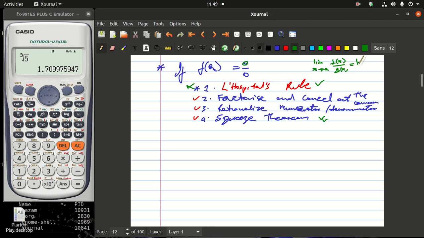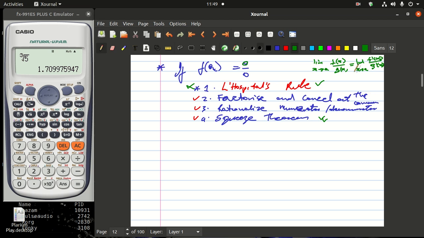This is the same as the limit as x approaches a of the derivative of f of x with respect to x divided by the derivative of g of x. Take the derivative of this with respect to x and divide by the derivative of this with respect to x, and then you take the limit. This should solve the problem, or it should cancel out the part that needed to be cancelled in the first place.